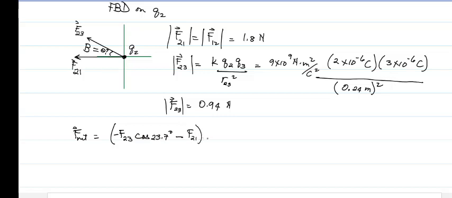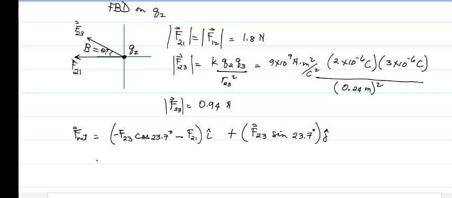So you need to review your addition of vectors using the component method. This quantity is our x component, i hat, plus the y component. We only have one vector with a y component, the F23: F23 sine 23.7 degrees. So this is our y component.